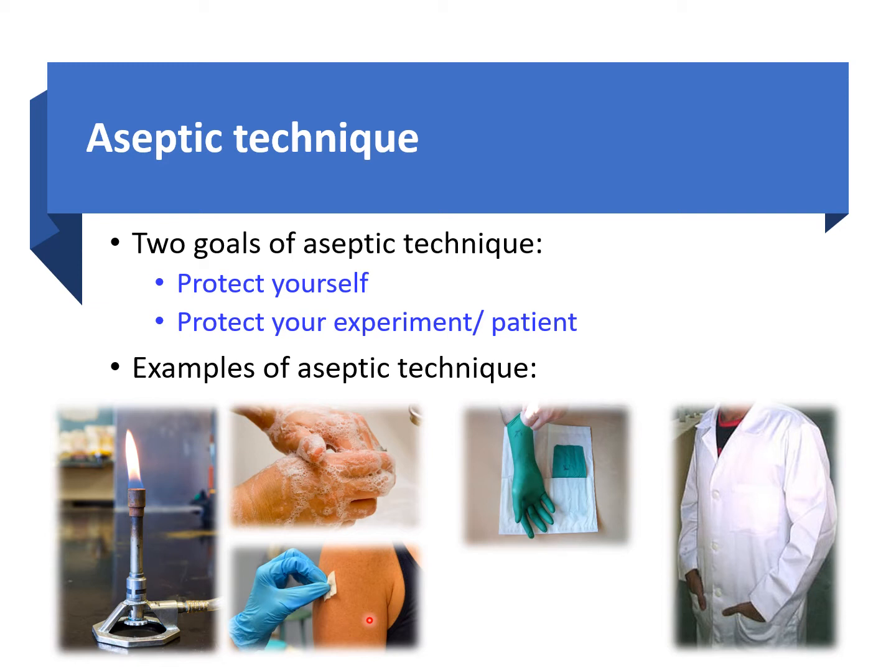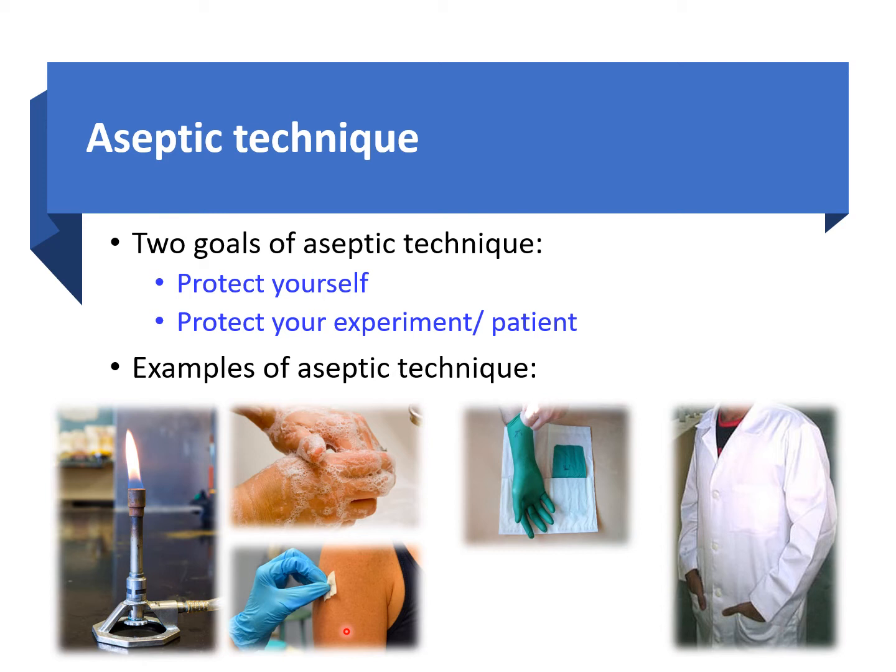Before they inject you, they want to reduce the amount of bacteria on your skin so that when they insert that needle through your skin, you are not going to insert that bacteria into your blood, right?